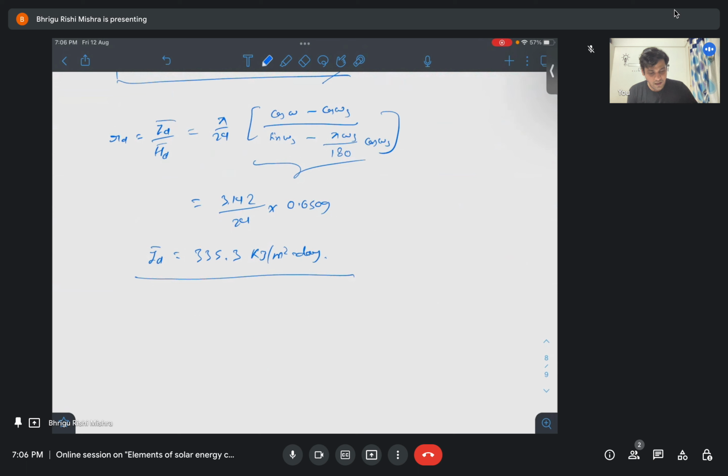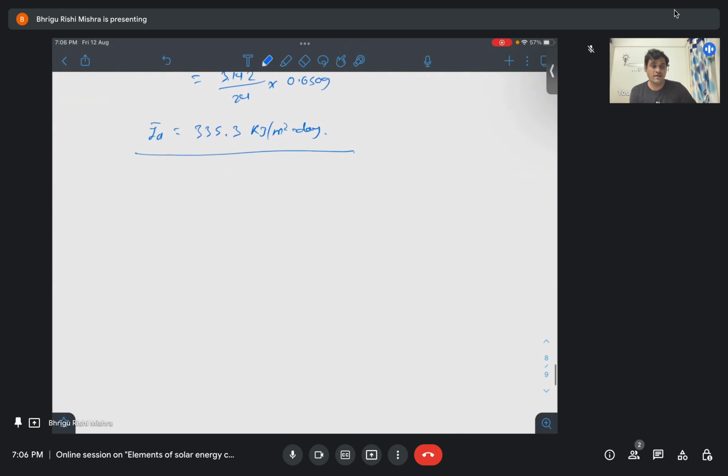So the same way we can calculate for the tilted angle. You can do the entire process for a tilted angle of, say, beta equals 15 degree. For the tilted angle the entire calculation will be done for the latitude of L minus beta.